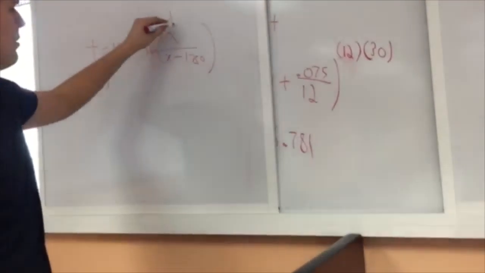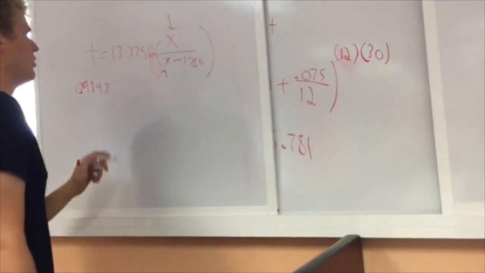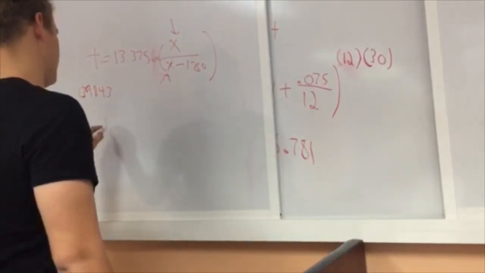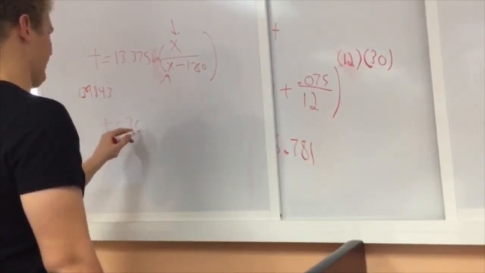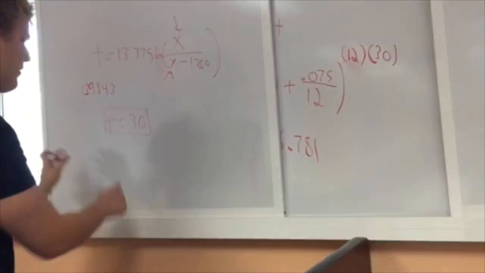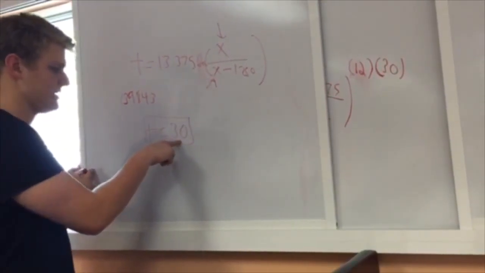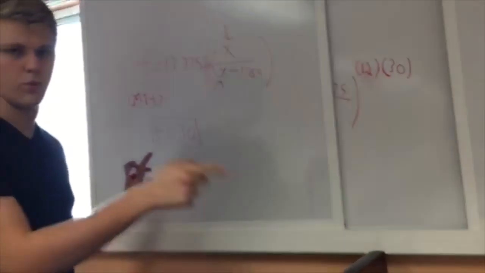You're going to get the answer, which is T is equal to 30. This is the amount of time that you're going to pay the mortgage, T equals years, as it states in the problem.